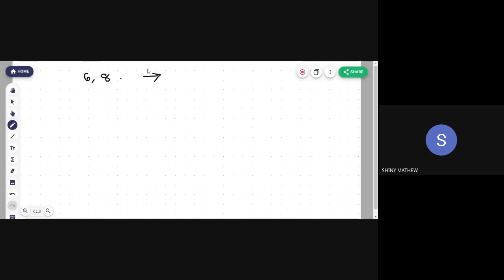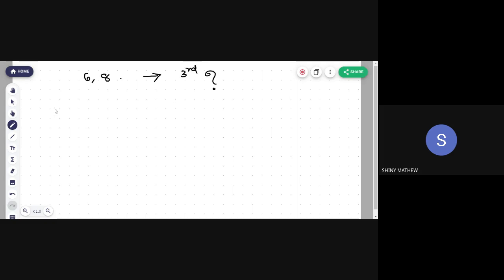Okay, these are the first two sides. Then between which two measurements will be the third side? Okay, we know the third side has to be less than the sum of these two sides. The same way, the third side has to be more than the difference of these two sides.